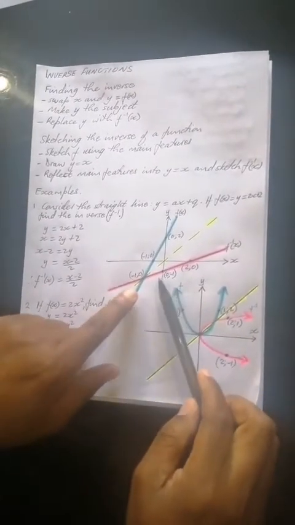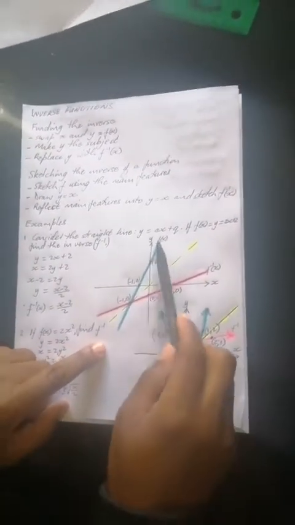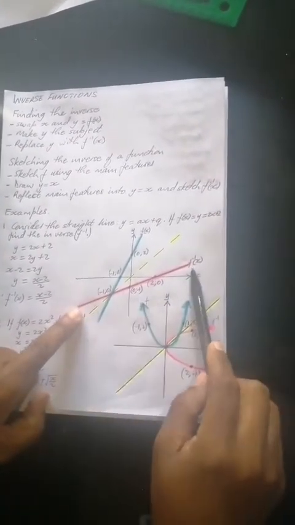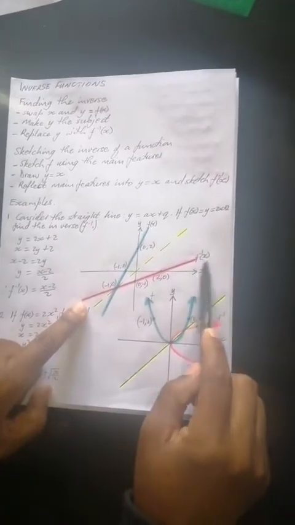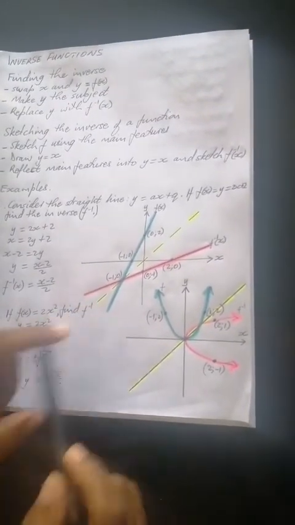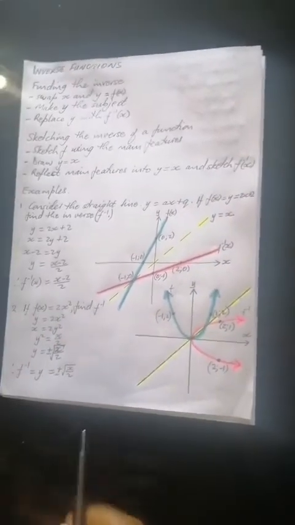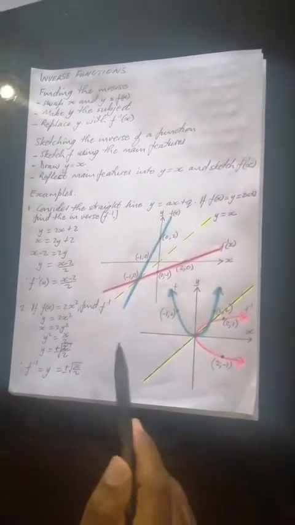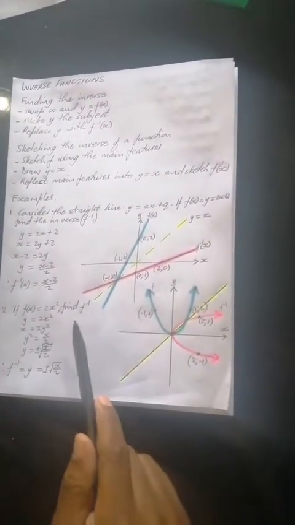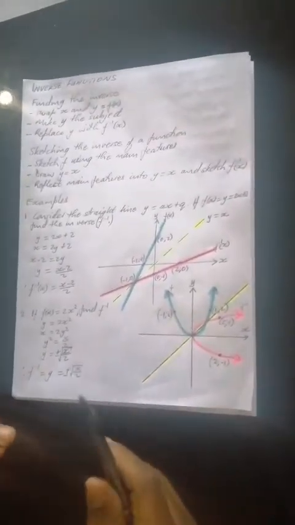Now, if we are to do this graphically, I have color-coded all my graphs in order for them to be clear to you. The green graph stands in this case for our f, and the red graph stands for f inverse of x. And the yellow graph represents y is equal to x. Now, when sketching a line graph, we all know from grade 8, 9, 10, and 11 that we first of all think which method to use.